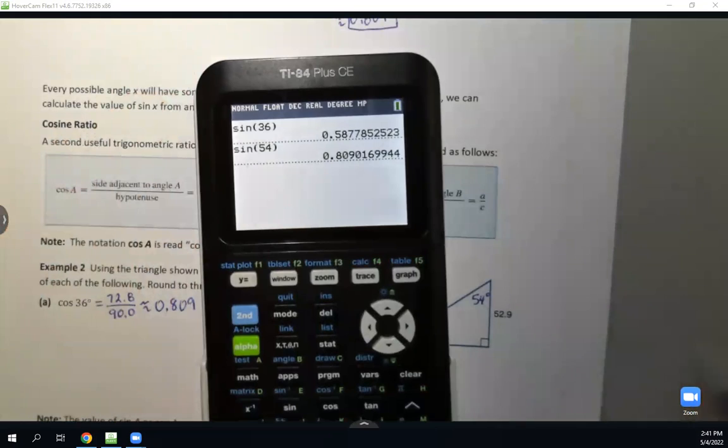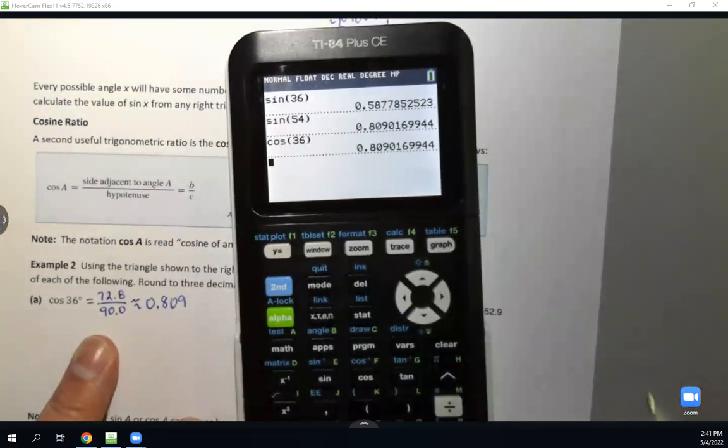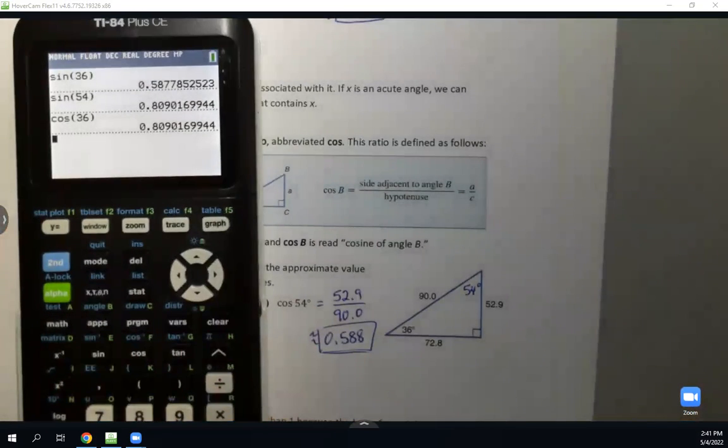If I do the cosine of 36 degrees, that's about 0.809. If I do the cosine of 54 degrees, that's about 0.588. You with me?